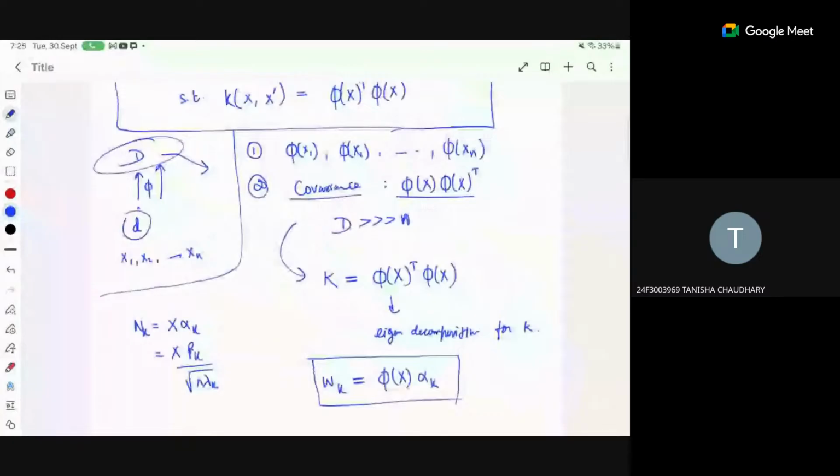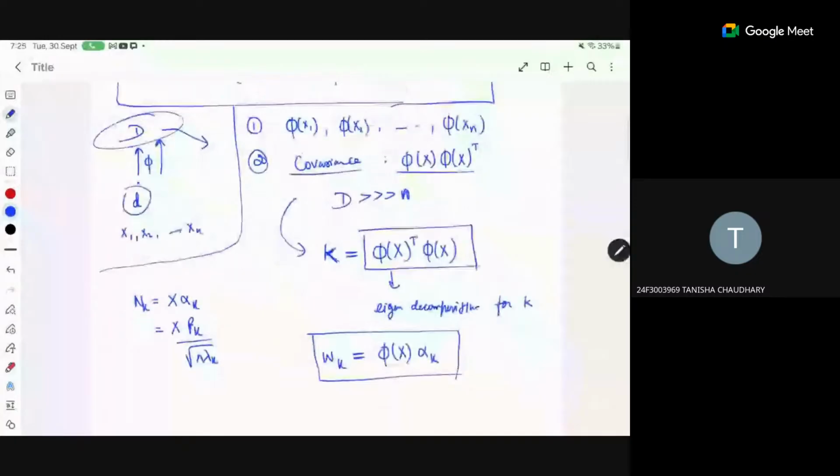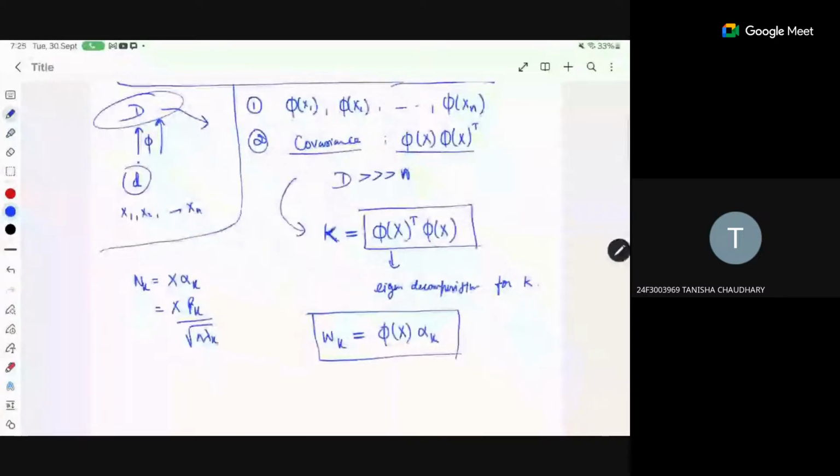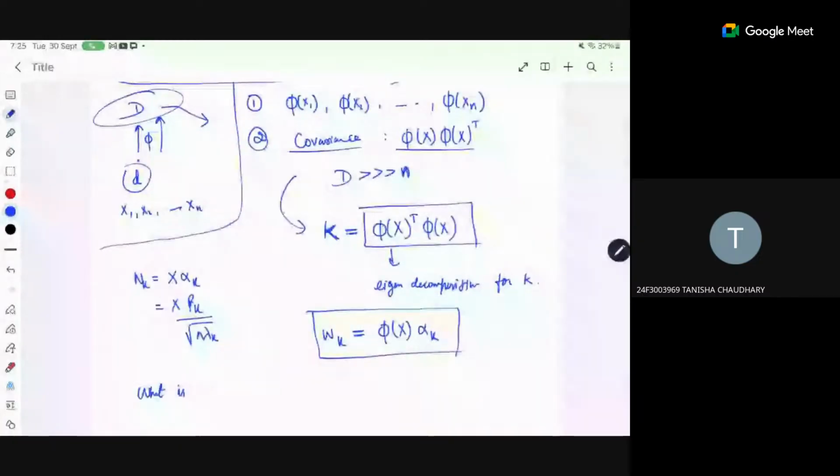So we moved to the kernel side, and we found this matrix K, which says you have to find this phi x transpose phi of x. Once you find this, only then can you do the eigen decomposition for K. But again, what is the problem here? The problem that we face is, what is this phi? What is phi?